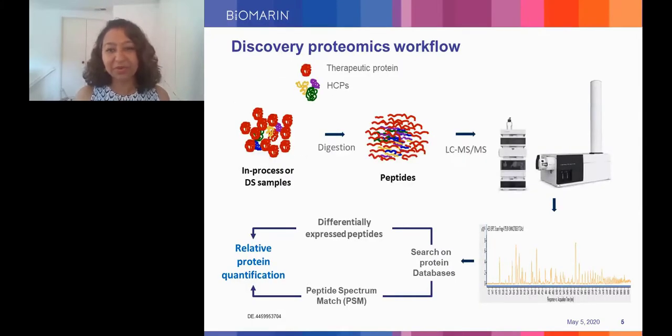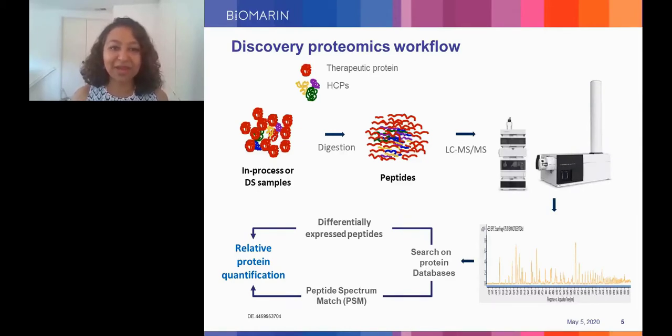The typical approach in terms of mass spec technology is that we still rely on accurate and sensitive detection of peptides by doing a tryptic digestion. So we take the therapeutic protein, and usually any protein, even if it's purified very well, has some residual host cell proteins.